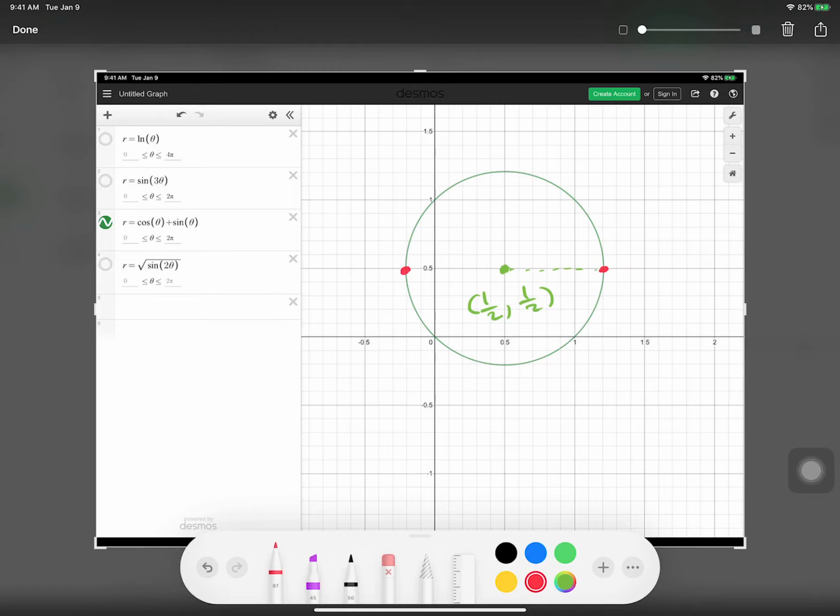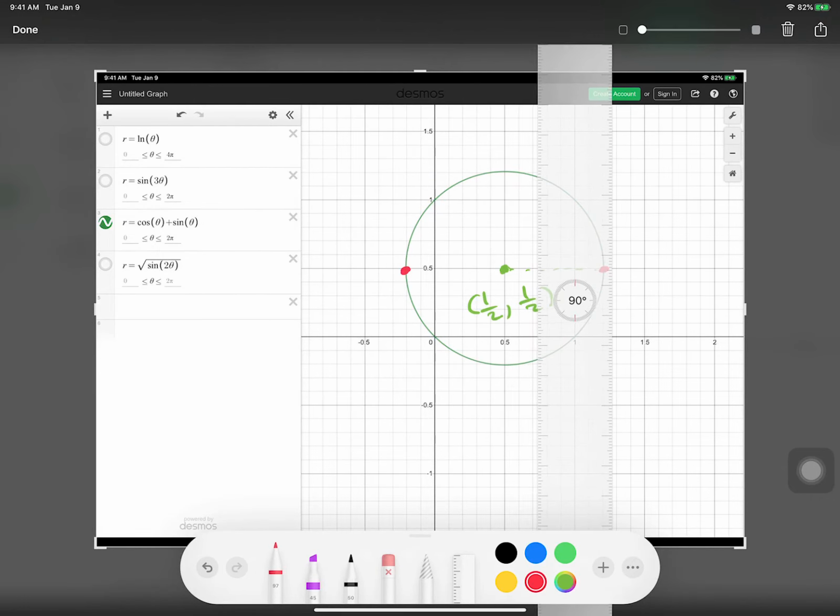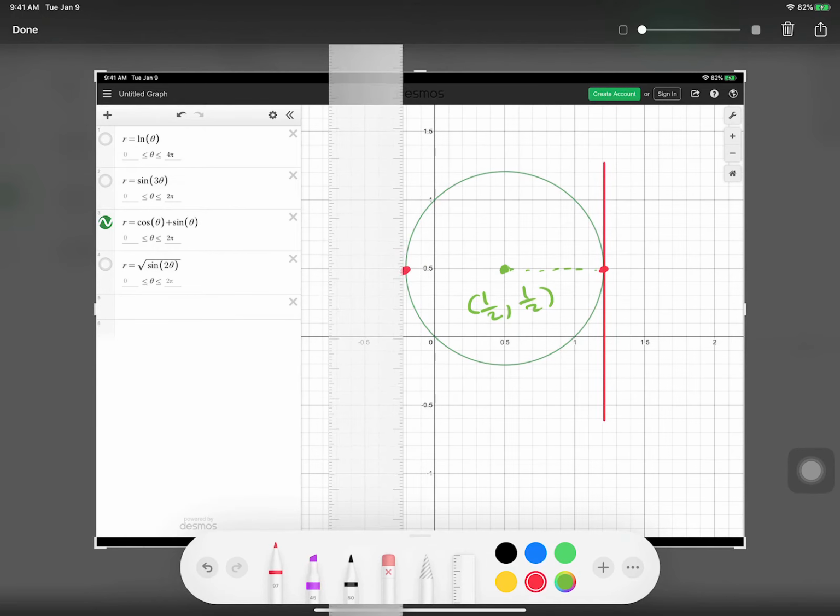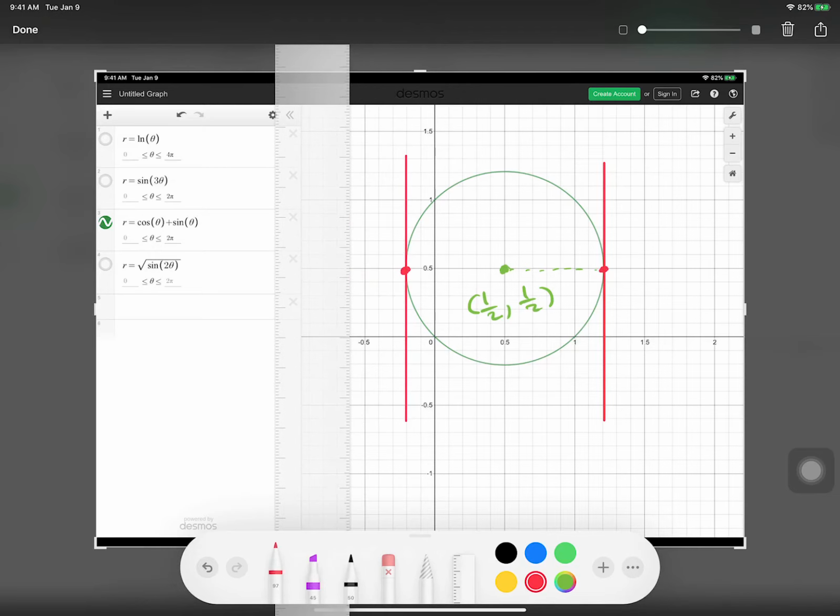So in red, if I get out my ruler again, there we go, 90-degree angle. Here are our vertical tangents, right?